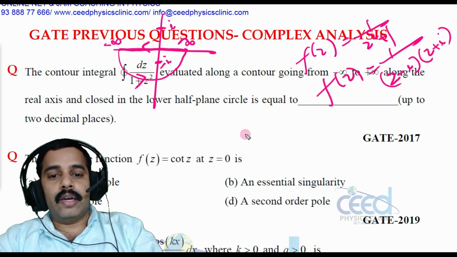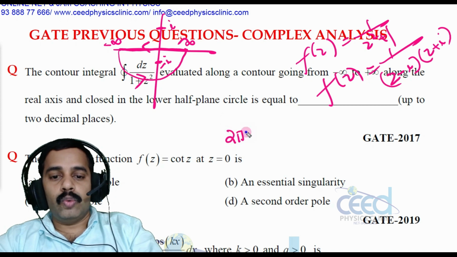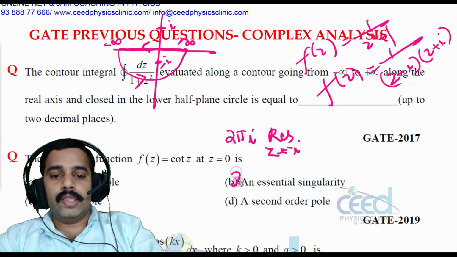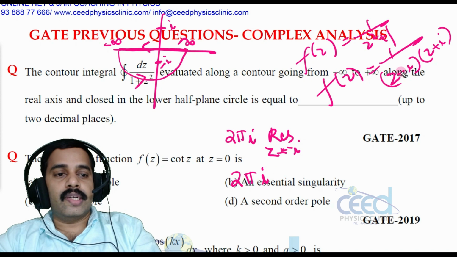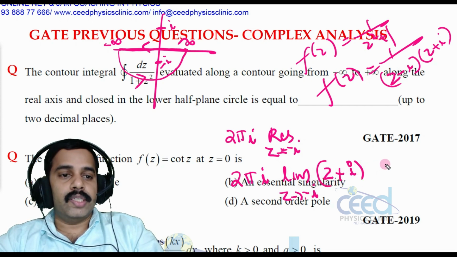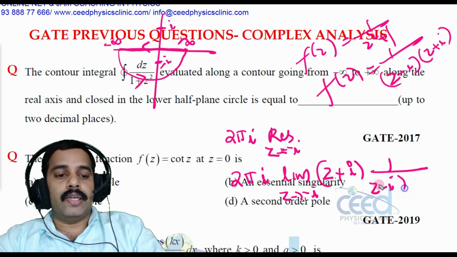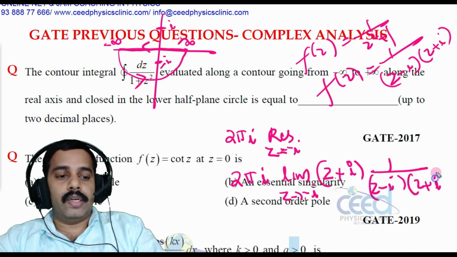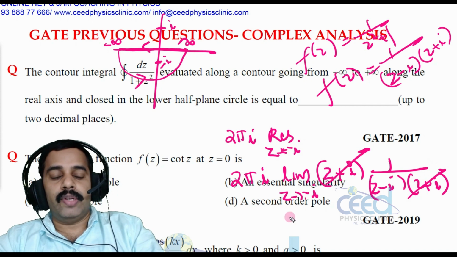So what is the integral by Cauchy's residue theorem? 2 pi i into this integral value equals the residue at z is equal to minus i, because minus i is inside the contour. That is 2 pi i into, so that is a single pole, so its residue is limit as z tends to minus i of z plus i into f of z. f of z is 1 by z minus i into z plus i, so z plus i we can cancel.